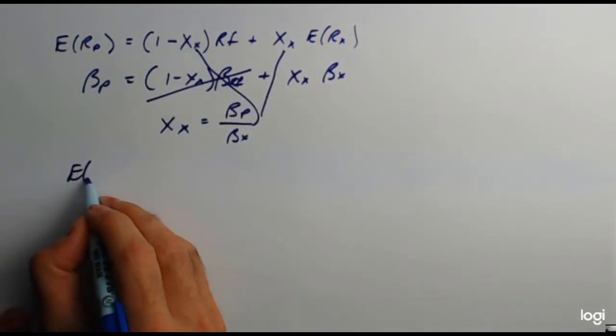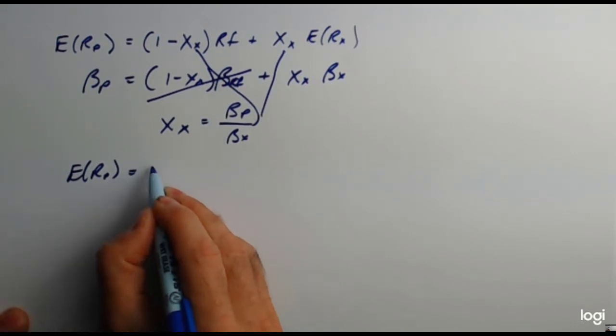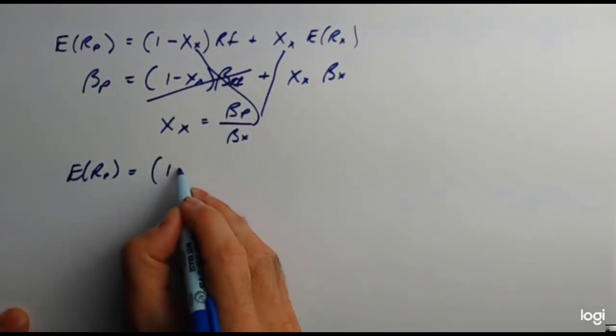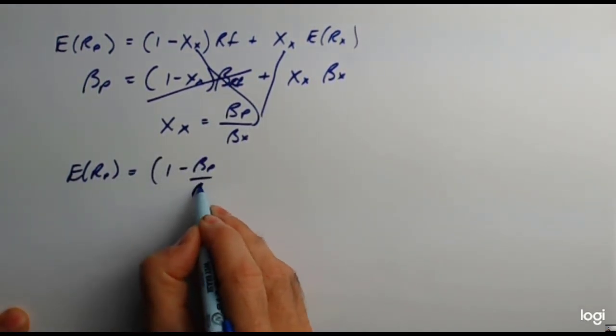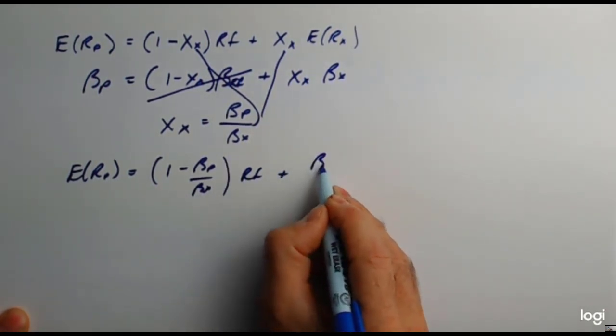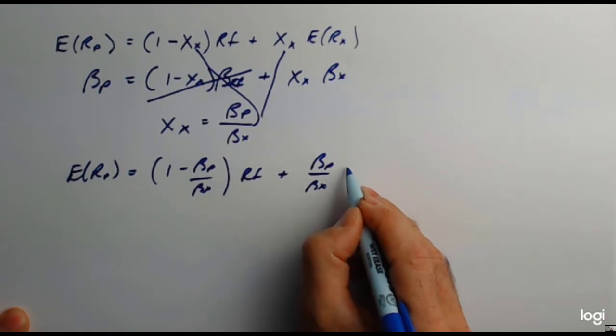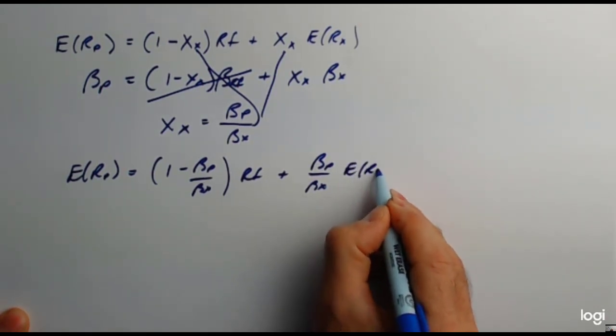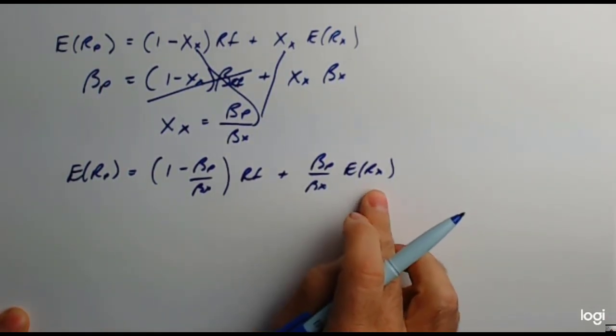And we get an expected return on the portfolio is 1 minus beta P over beta X, times the risk-free rate, plus beta P over beta X, times the expected return on stock X or portfolio X.